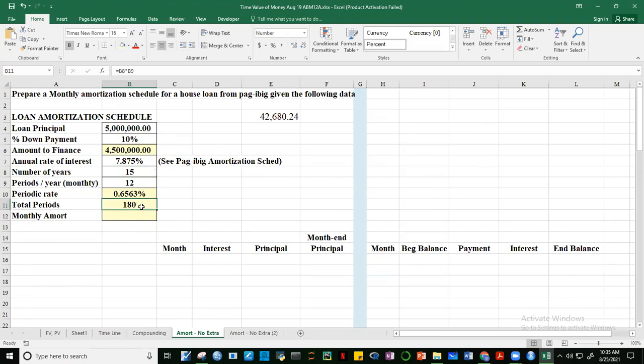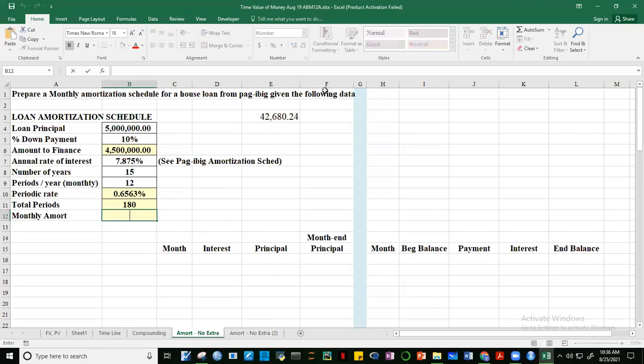So we can now compute for the monthly amortization. Okay, so we can now compute for the annuity. Kasi di ba pag naglo-loan tayo, malalaman natin yung monthly na babayaran natin. No? So let's compute for that.